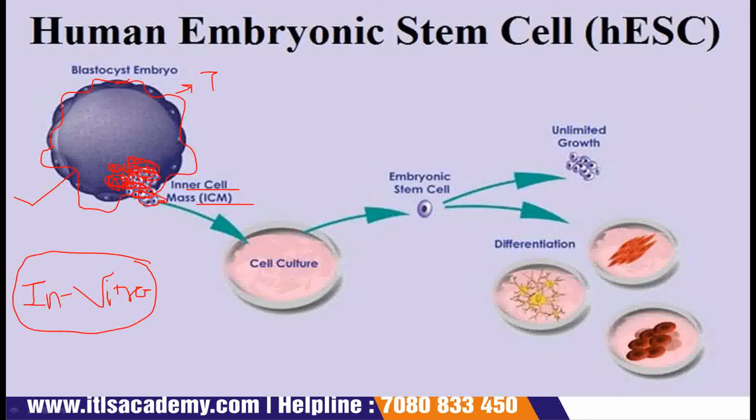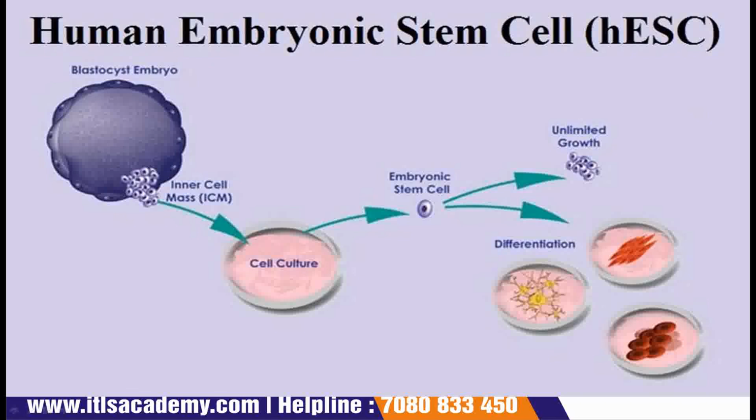But when it comes to in vitro, it requires culture of cells. So culture of this blastocyst embryo cells is done. After the culture, it forms embryonic stem cells. As we know, these embryonic stem cells are pluripotent in nature. These are pluripotent, so these cells can give rise to many kinds of cells.